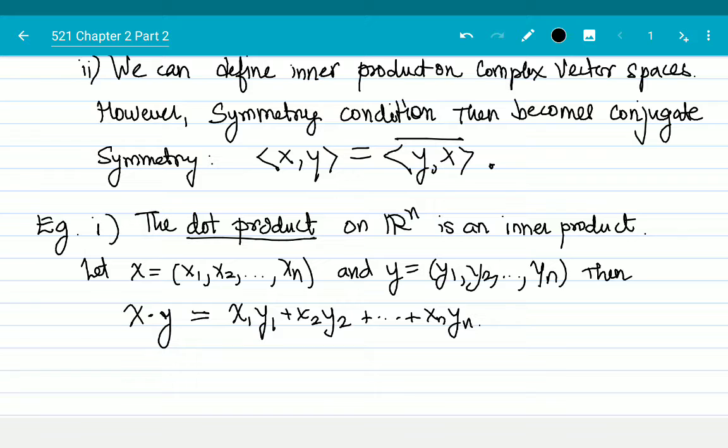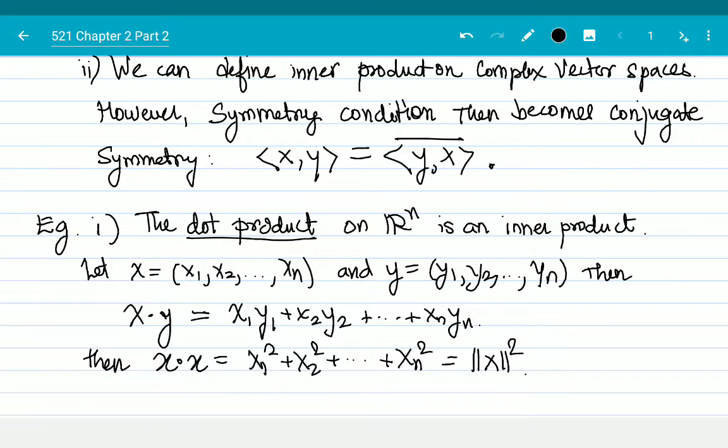Note then that x dot x is just x1 squared plus x2 squared plus dot dot dot plus xn squared, which is equal to the norm of x squared, the standard norm.